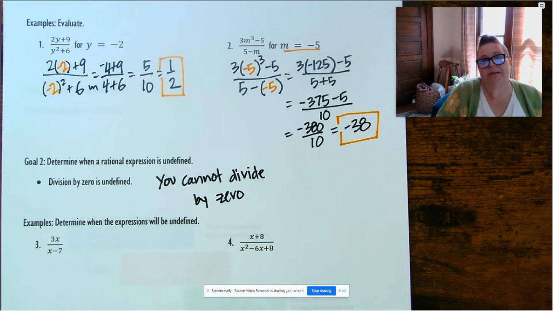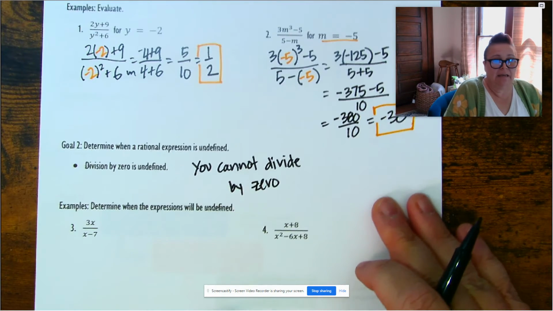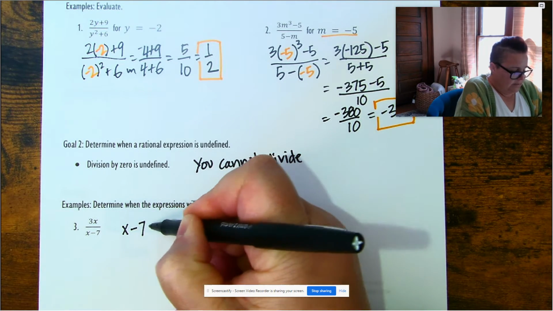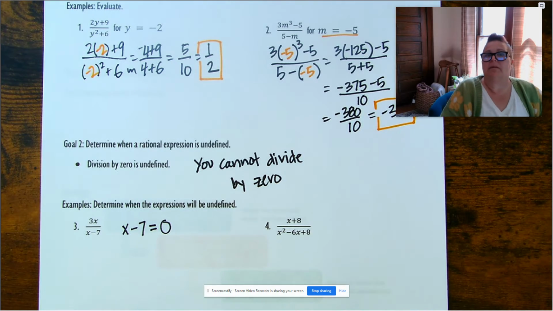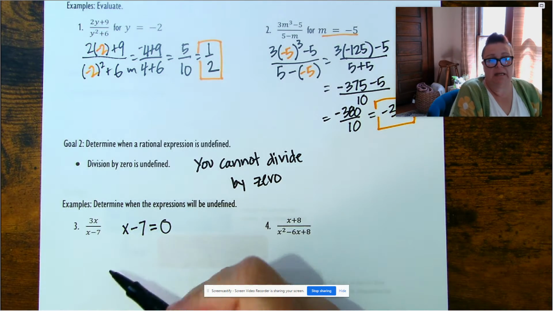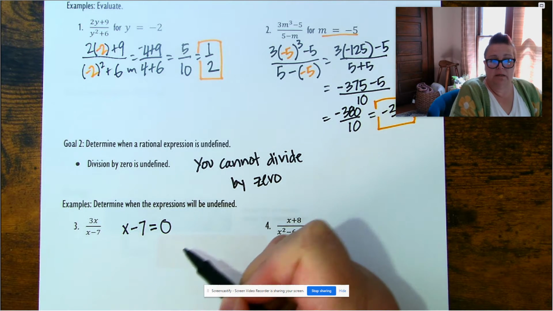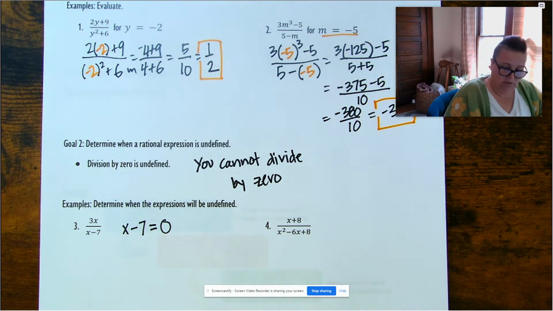It's actually quite simple. We take whatever is in the denominator and we say, okay, when would that be 0? So if I have x minus 7 in my denominator, it cannot be 0. So our x minus 7 is equal to 0.